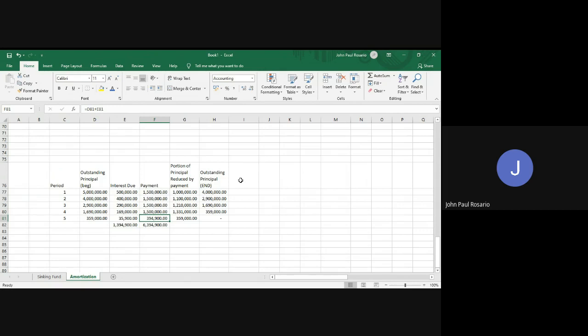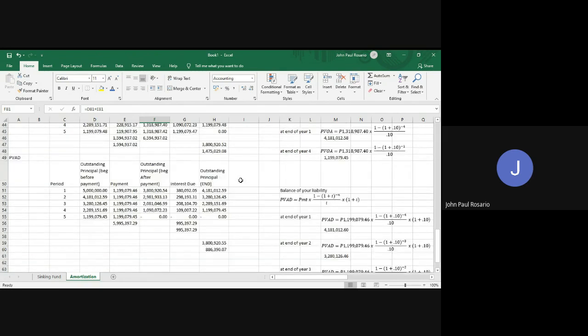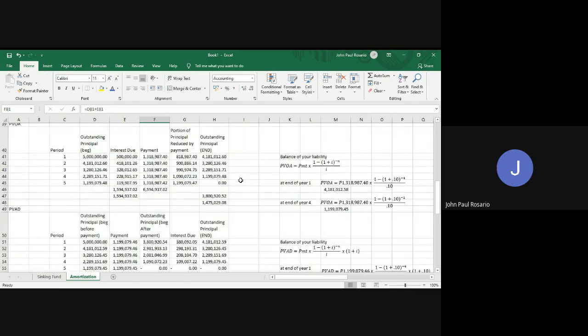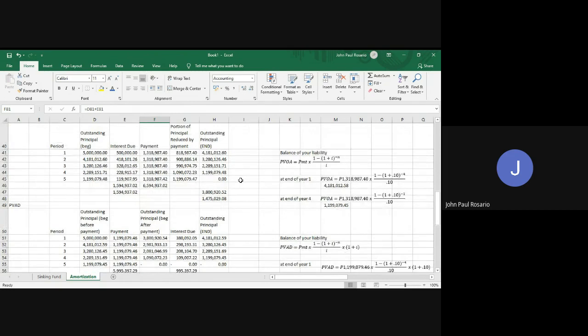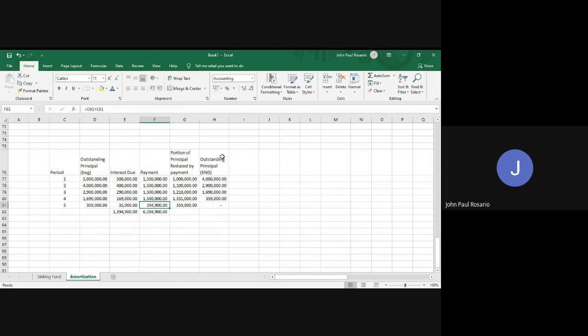Okay, I just thought of something before I proceed here. By the way, guys, when it comes to amortization, the essence of amortization is that you can solve it this way, aside from using the table. There is an alternative for getting the outstanding principal.